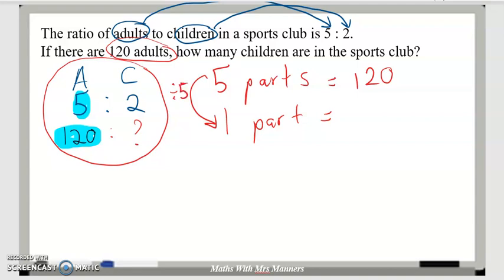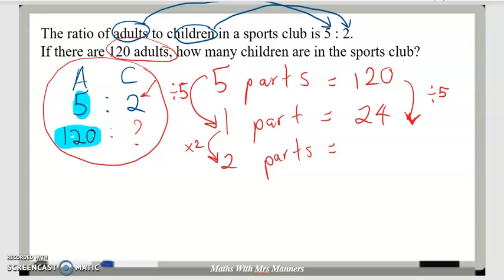Any number divided by itself will give me 1, and then I'll do the same on the other side, and 120 divided by 5 just gives me 24 people. So now I know 1 part is 24, but the children are 2 parts. So from 1 part, I can work out 2 parts by doubling. So that would give me 48 children.